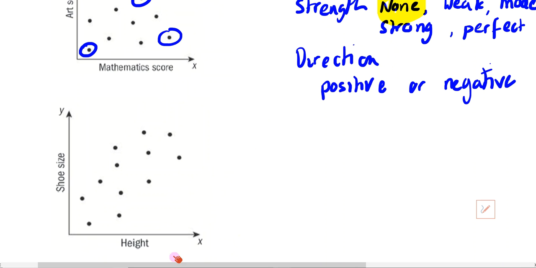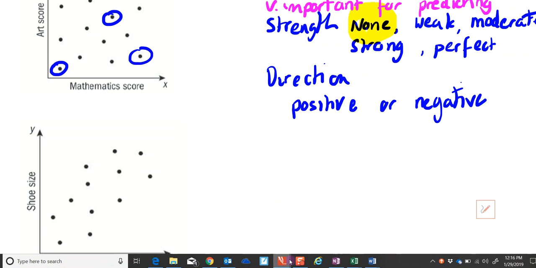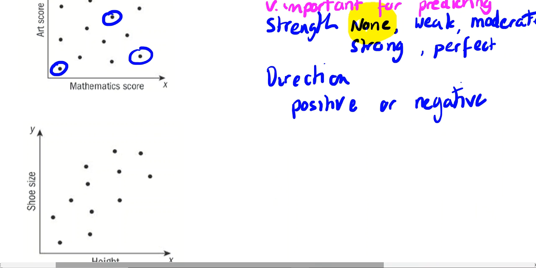So for each one of these, I want you to describe the strength, the relation, the direction, linear, non-linear, that kind of thing, if you haven't already. And then I want you to try and come up with, how would you explain to someone the difference between positive and negative correlation? Could you give me an idea about a possible definition of positive or negative correlation?